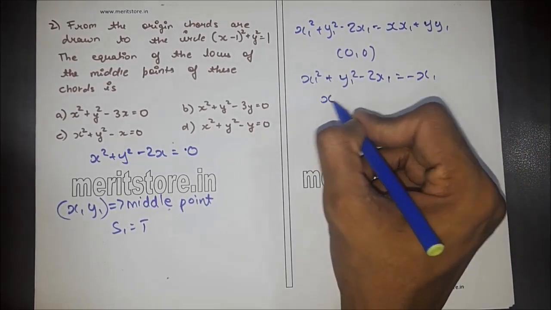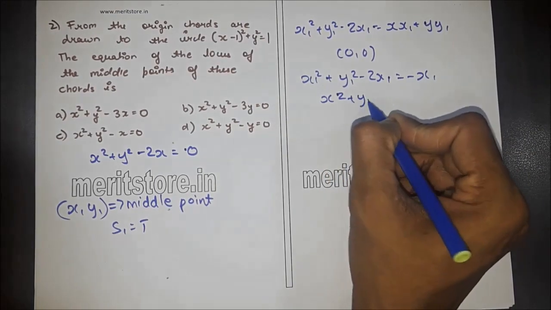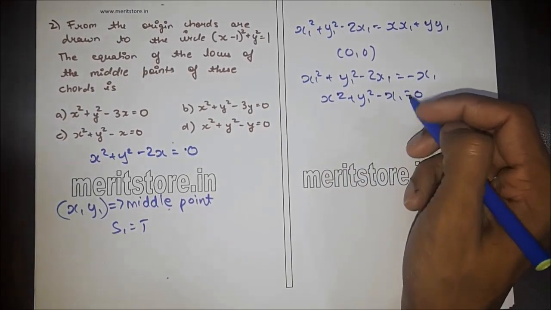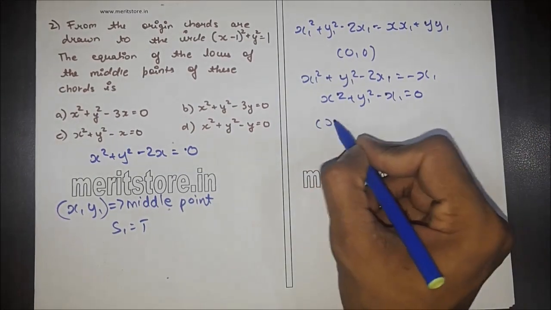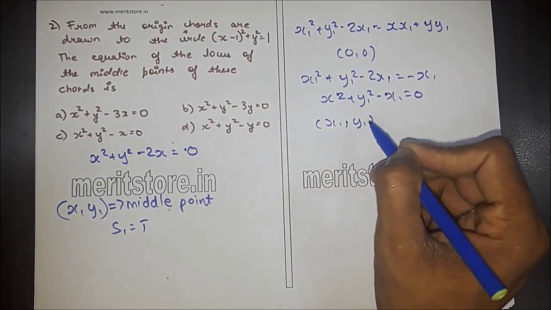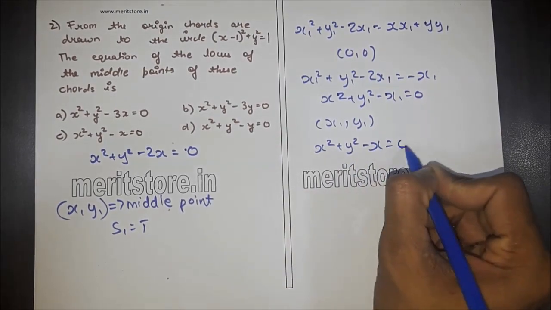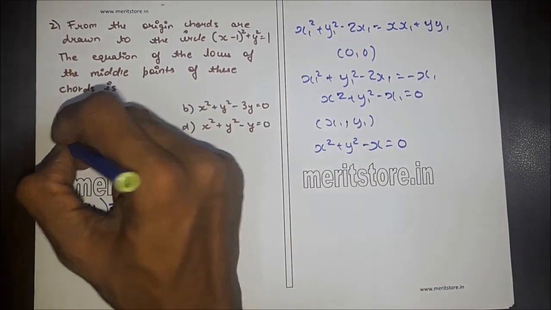Further we can write this as x1 square plus y1 square minus x1 equal to 0. Hence the required locus of the point x1 comma y1 is x square plus y square minus x equal to 0, which is our option C.